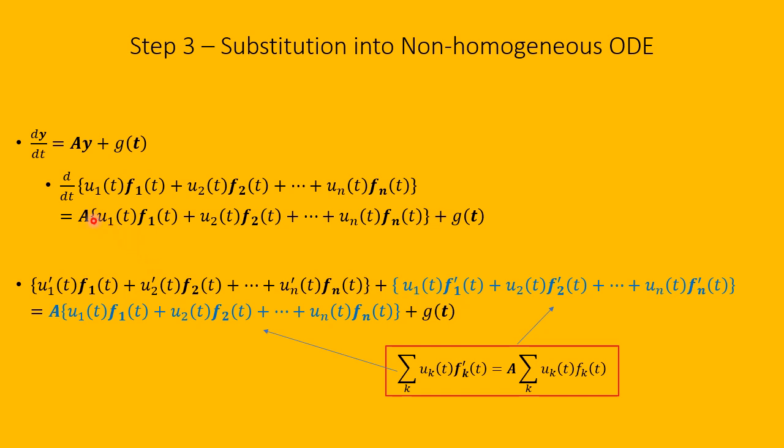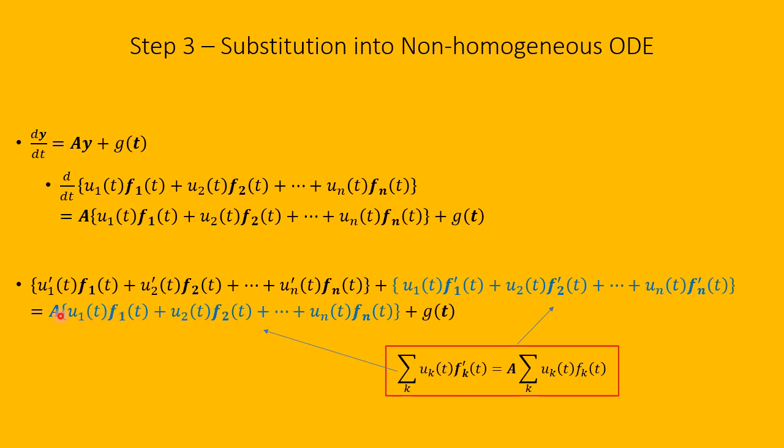And now that's supposed to equal A times this stuff, which is just what we have here, plus g of t. But now we look at this, and let's remember that result that we had earlier. The sum of the u sub k f sub k prime's is equal to A times the sum of u sub k times f sub k. So right here, we have the sum of the u times f prime terms, and that's this one.